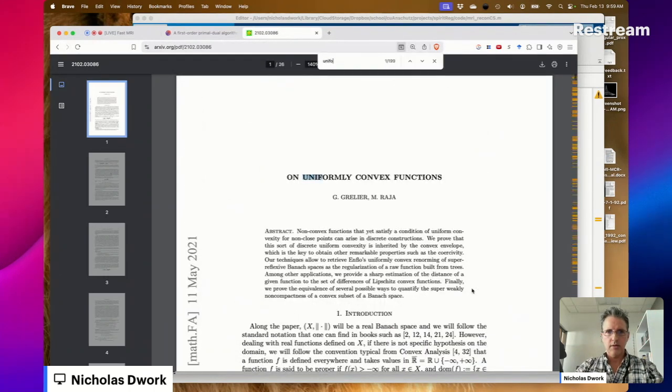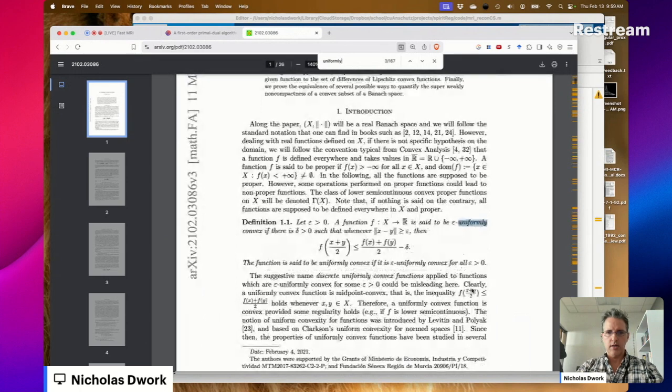The function evaluated at the mean point is less than or equal to the mean value of the function evaluated at both points minus delta.